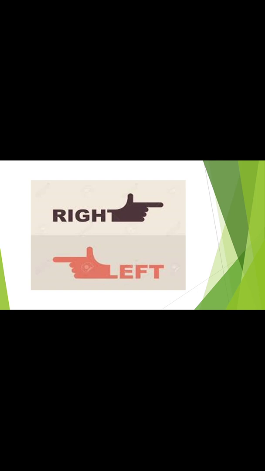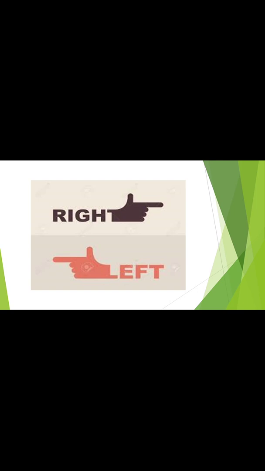So the words left and right tell us which way we will go. If we extend our left hand, it shows the side to our left, and if we extend our right hand, it shows the side to our right. Clear?